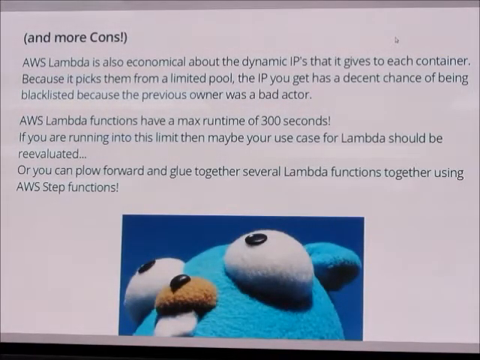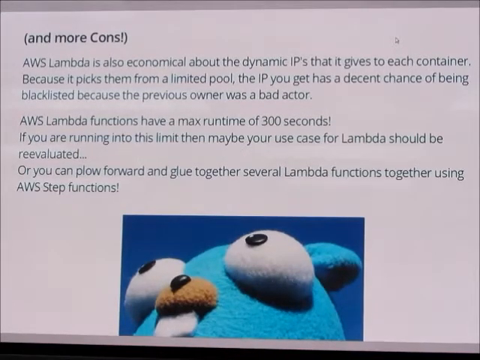And more cons. This is a bit of what I was talking about, where the promise of not having to worry about the infrastructure is not always upheld. I originally had a slide presentation where I was using a third-party API for my code, but what I found out is that AWS Lambda has a very small pool of IP addresses that it assigns to each function, and if a bad actor uses them for bad things, people are going to blacklist that IP.